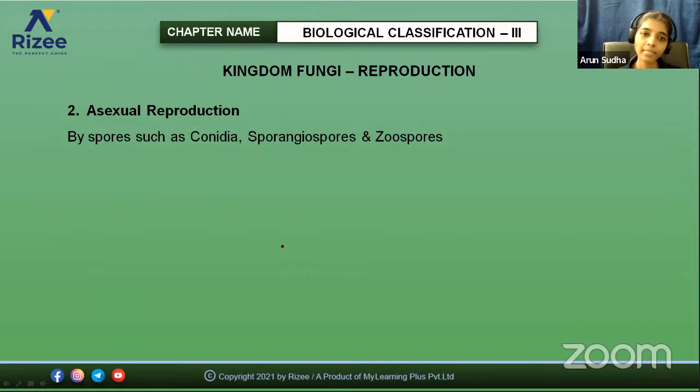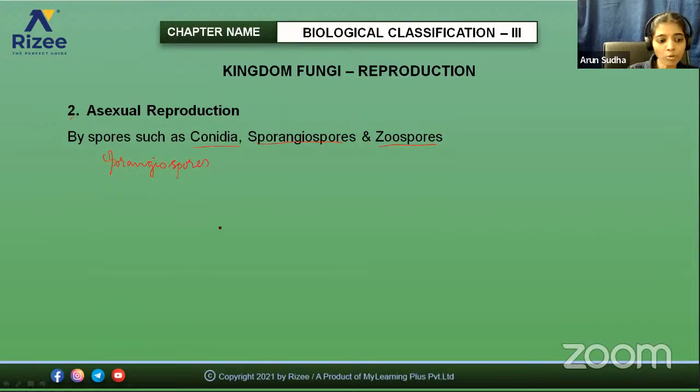Here we saw asexual reproduction happens by spores such as gonidia, sporangiospores, and zoospores. First we'll see in detail about the sporangiospores. How are these sporangiospores formed?